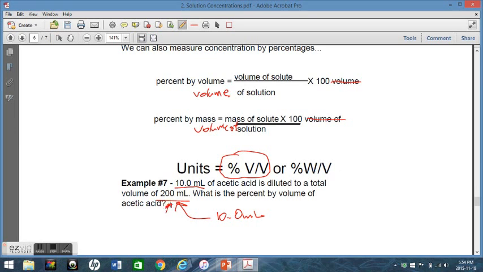When we dilute a solid, we sometimes don't think about this, but when we dilute liquids, we definitely have to look at this. So there's 10 milliliters of acetic acid and 190 milliliters of water.